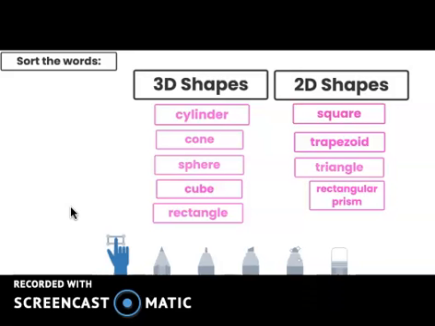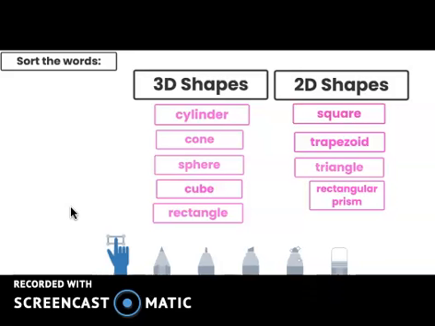Kids learn by making mistakes, and so we can talk about why rectangle wouldn't go in the 3D shape spot, why rectangular prism would instead be under the 3D shapes and rectangle would be under the 2D shapes. But the whole idea is that they get that chance to interact with each other, to establish those connections, and to further cement that understanding in their brains.